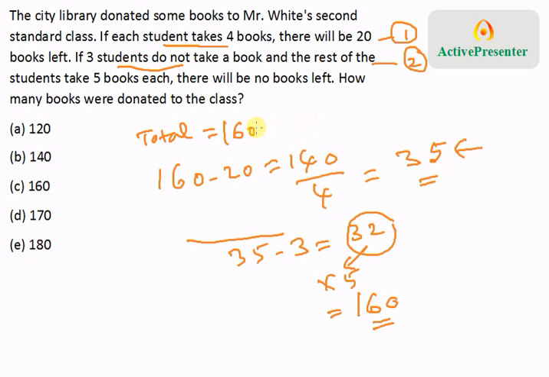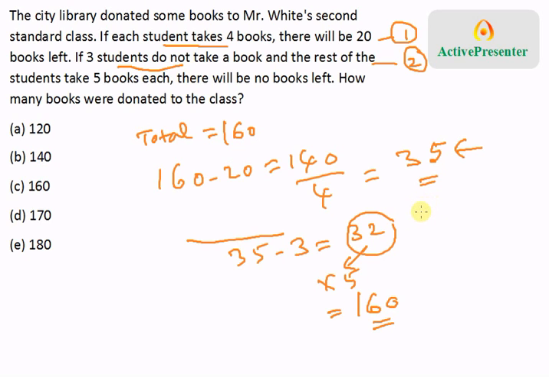We took the answer choice 160 and put it under condition number 1 to see whether it holds up. It did. We had 140 after subtracting 20 books. That 140 was totally divisible by 4. With that we got the total number of students.